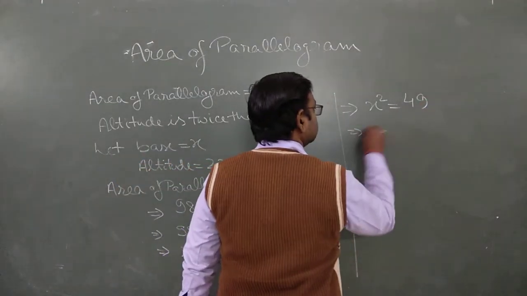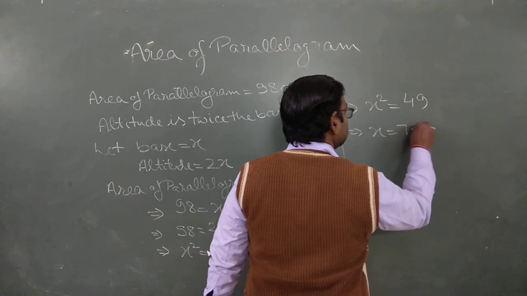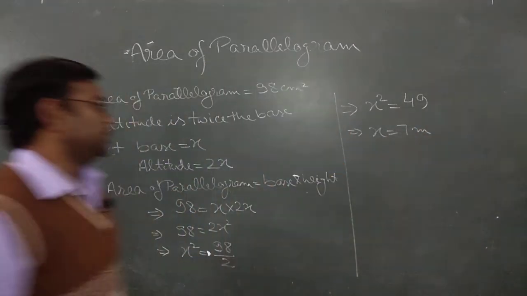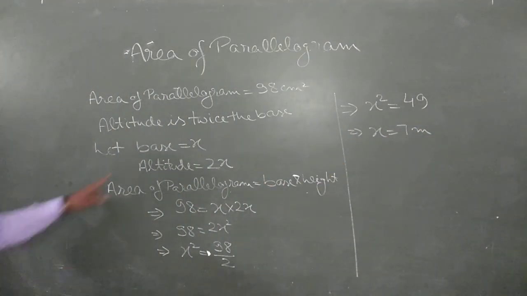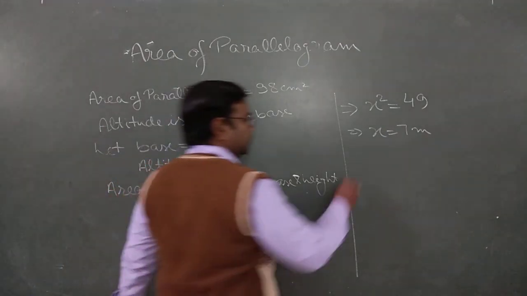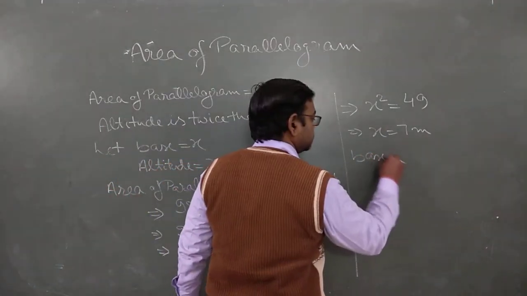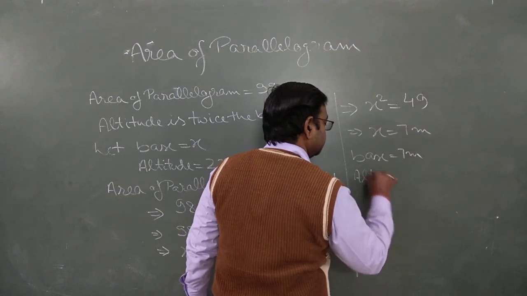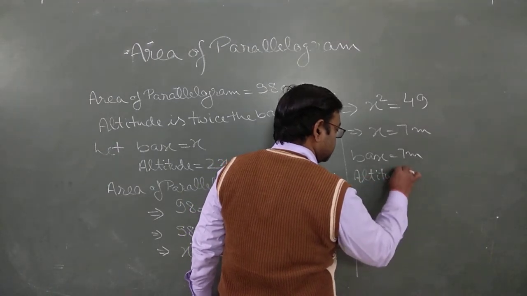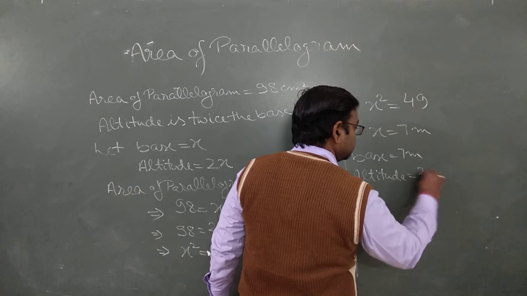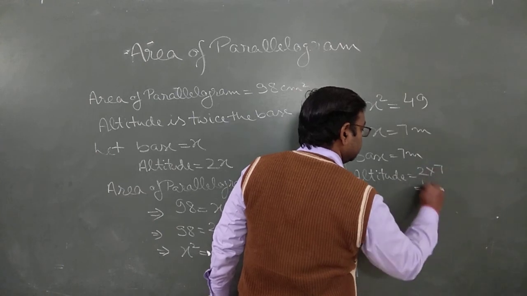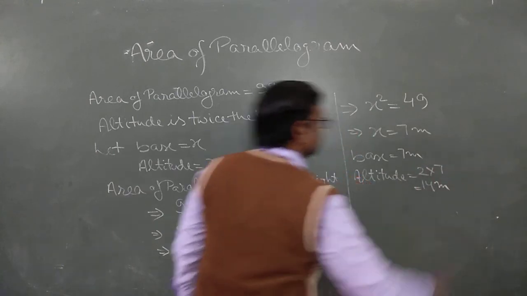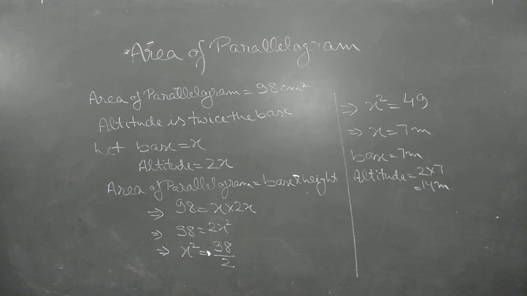So x equals to 7 meter, and this is your base. Question says that find the height. So base equals to 7 meter, height or altitude equals to just double, now 2 into 7, it's 14 meter. So likewise you have to solve it. Move to the next question.